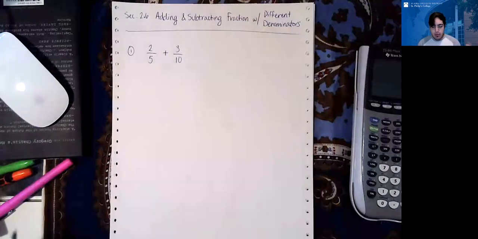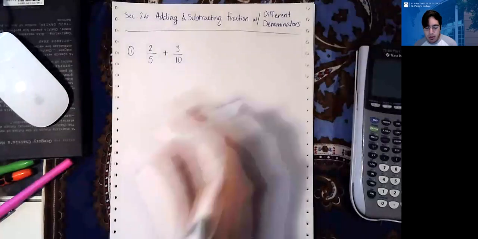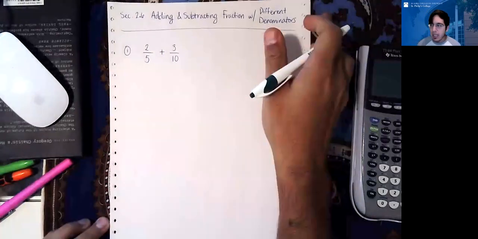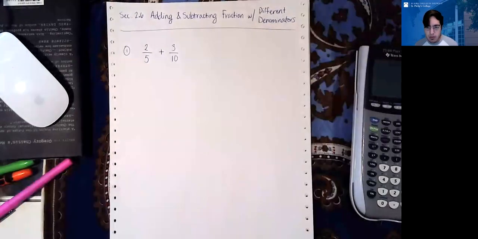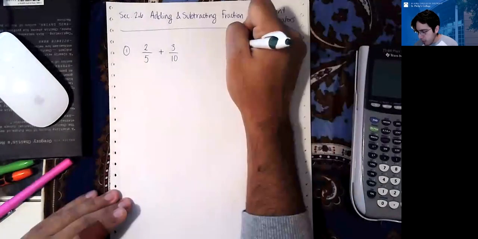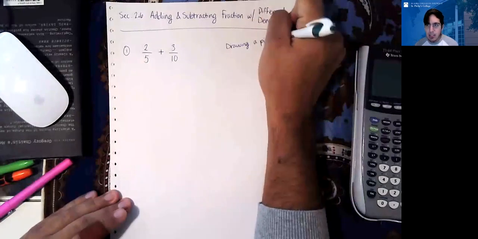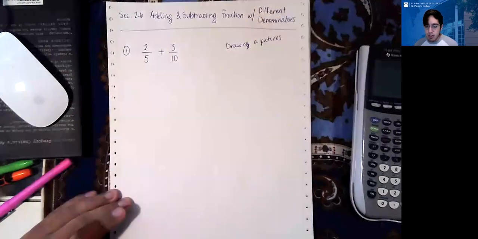So the first thing that we could do to approach this problem, or one of the ways, is by drawing a picture. Now, drawing a picture is sort of time consuming, so it's not something that you would want to do every time. We have some rules or some skills that we can apply to make this a little bit faster. But drawing a picture really helps you understand what's going on with adding fractions for smaller denominators.